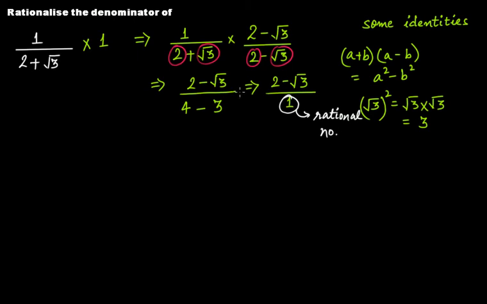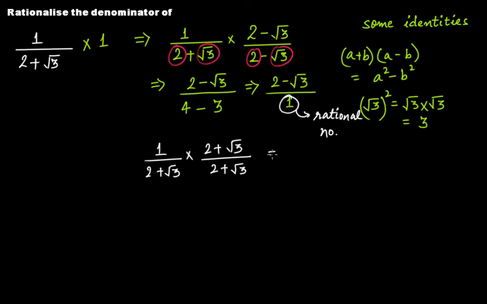Now think, if you had multiplied this number by 2 plus root 3 and not by 2 minus root 3, then what would have happened? So this is 1 divided by 2 plus root 3 multiplied by 2 plus root 3 divided by 2 plus root 3, right?